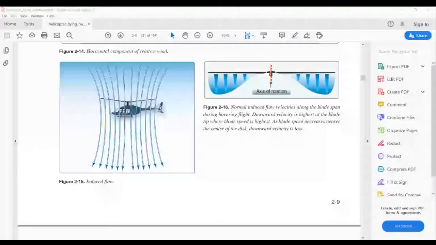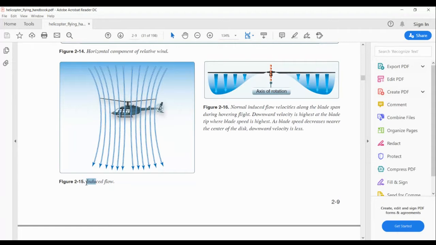I hope you can see the screen. This is the image I have taken from the FAA Helicopter Flying Handbook. You can also find that on the FAA website, and it is free for learning, so you can download it also.